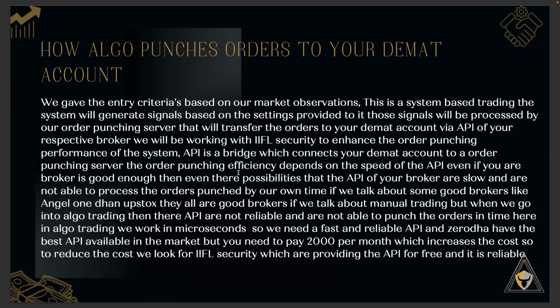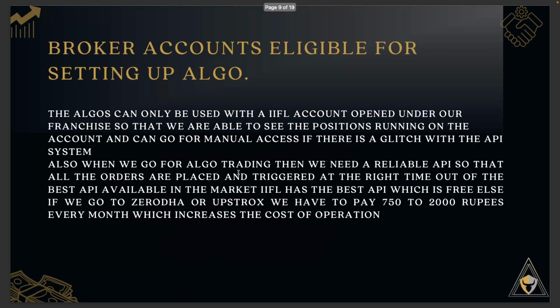The API of Zerodha costs 2000 rupees per month, while Upstox charges 750 rupees per month, so it will be better for you to use either IFL Securities or Upstox. For broker setup, whenever you opt for our subscription, our team will contact you and help you link your broker to our execution platform, so that all orders are punched without any delay.